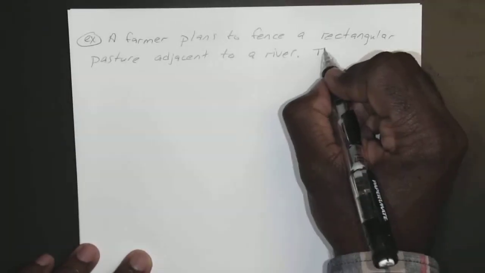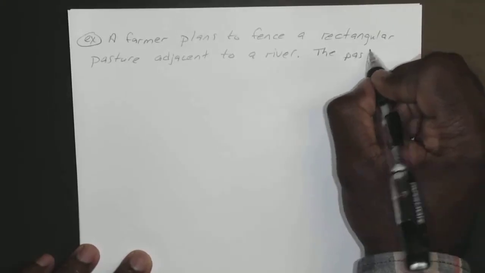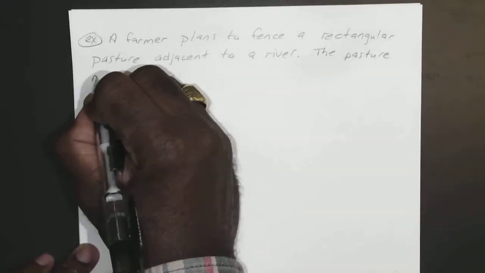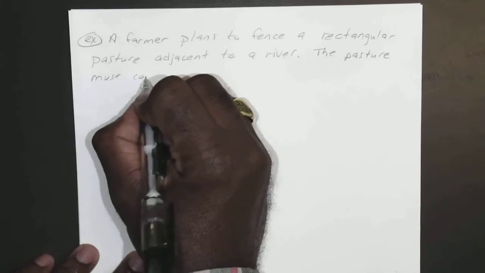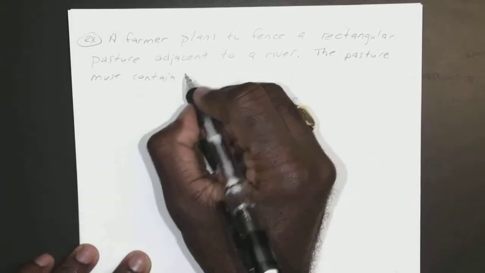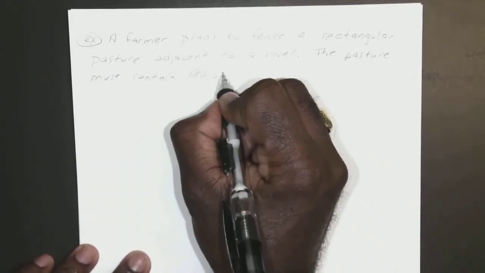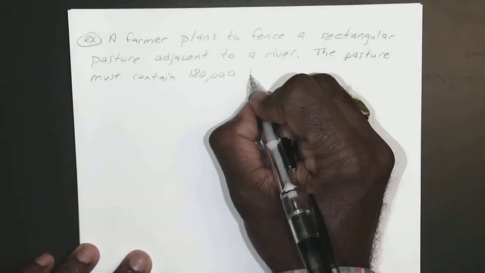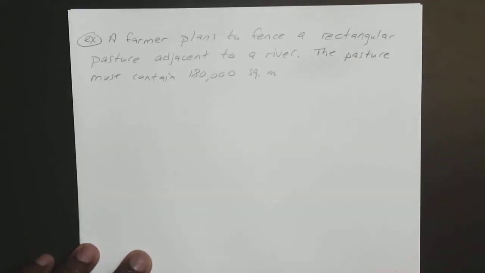Okay, now the pasture must contain 180,000 square meters to have enough grass to feed the herd.